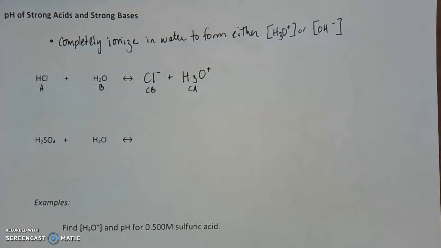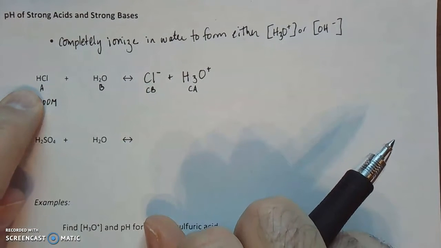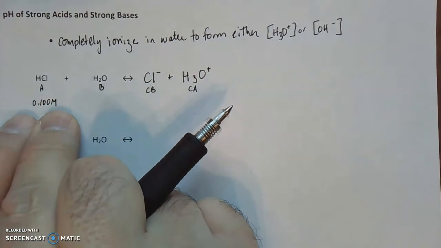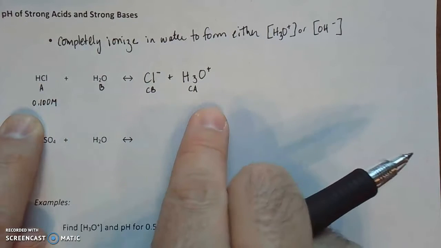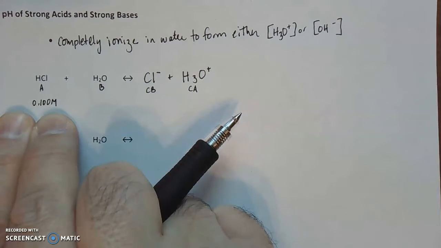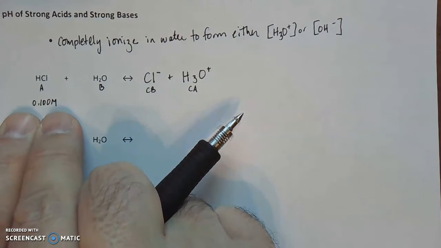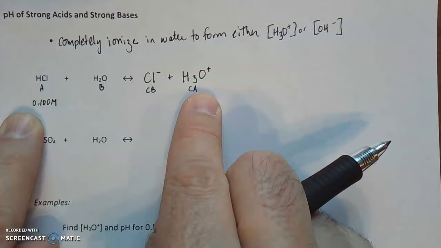Now, if we start looking at this and we have 0.100 molar HCl, if it fully ionizes, and we're not going to write out an ice chart, but this would decrease by 0.100 molar. So initially we would have this, we'd have 0 this, and 0 of this.